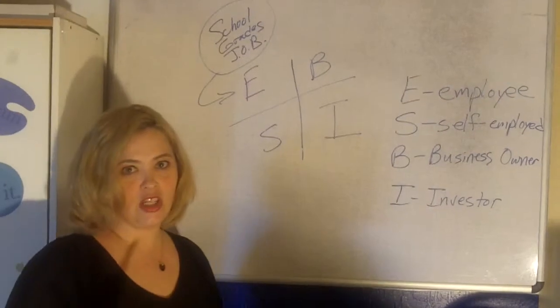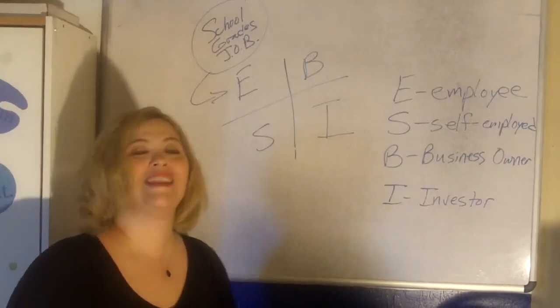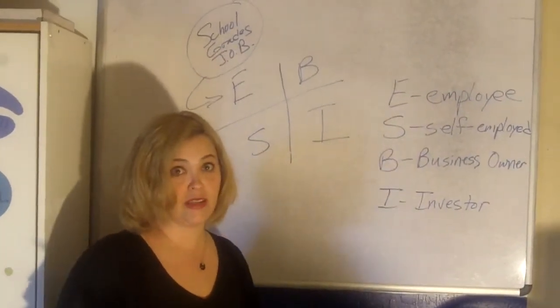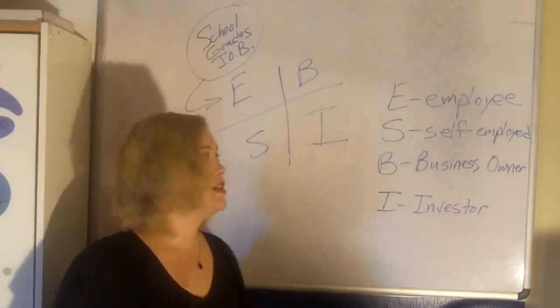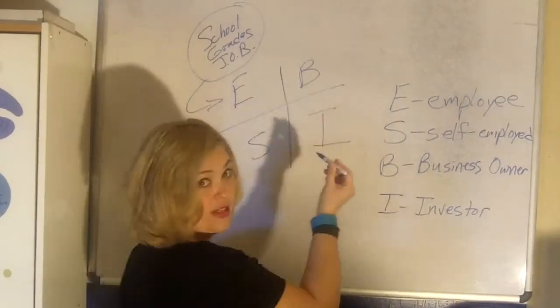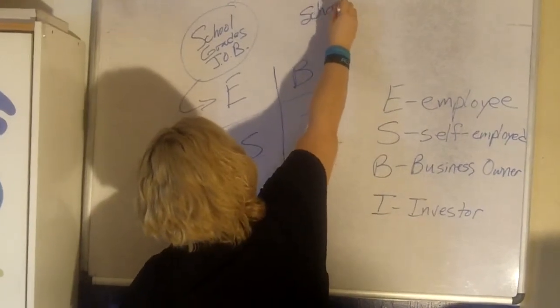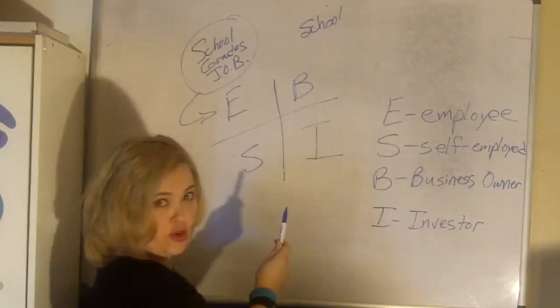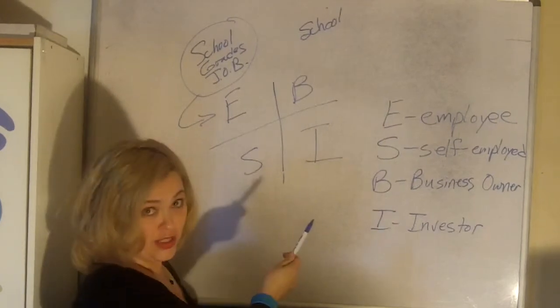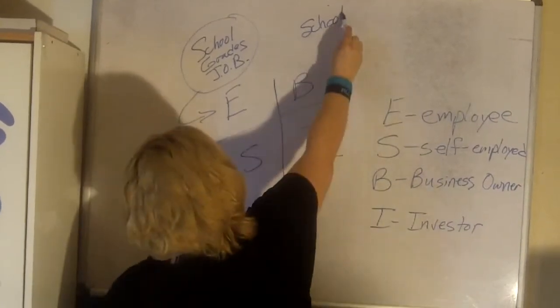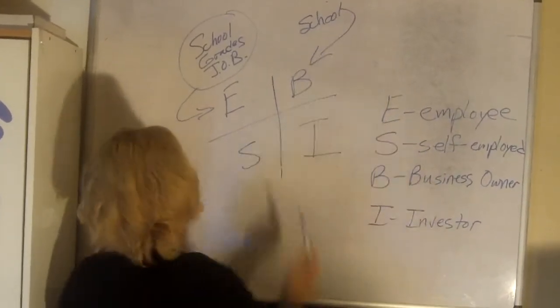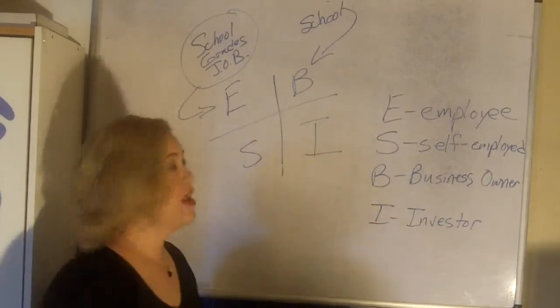We're not saying that education is not important, because it is. But what we want to teach people, what the wealthy teach, is that you go to school to learn and get an education, to learn how to read financial statements so that you can become a business owner, an investor.